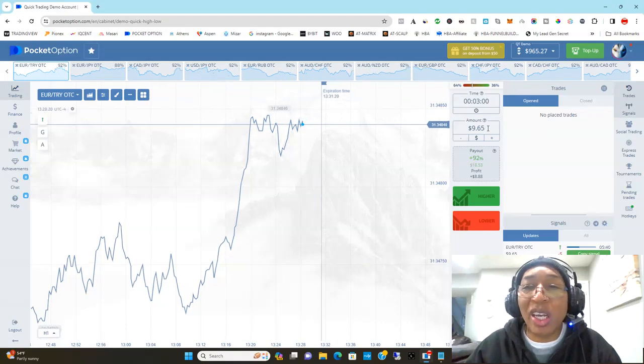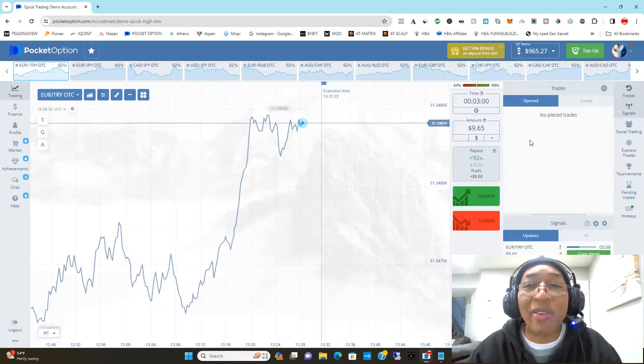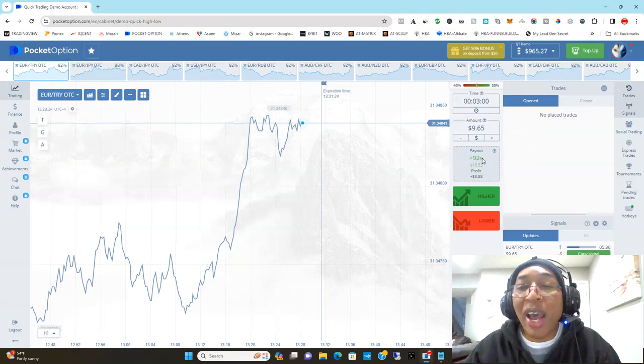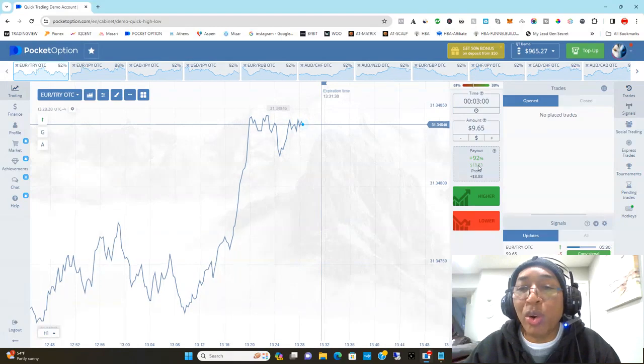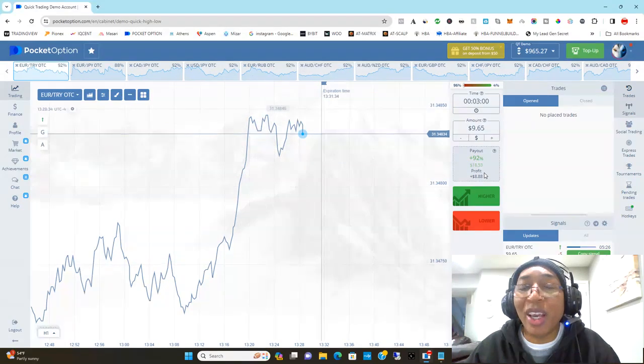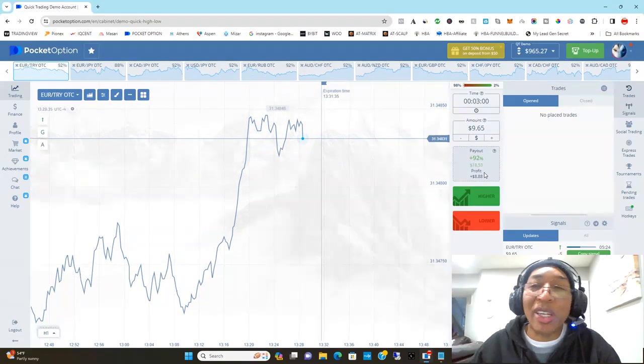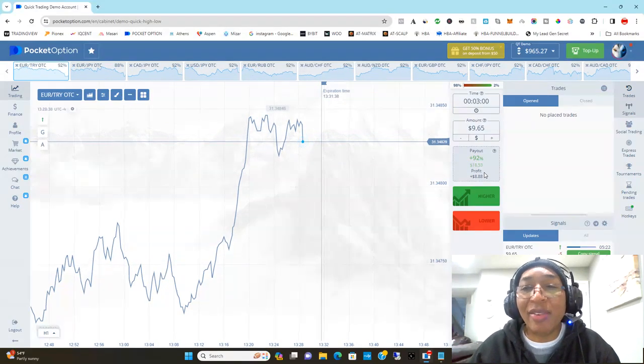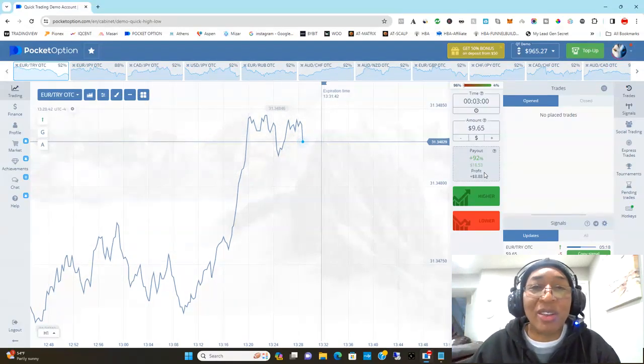So each trade I'm going to take would be $9.65. So if I win, if I make the right selection, then I get 92%, which is 18.53. Profit is $8.88. So I put in 9.65, I get 18.53.